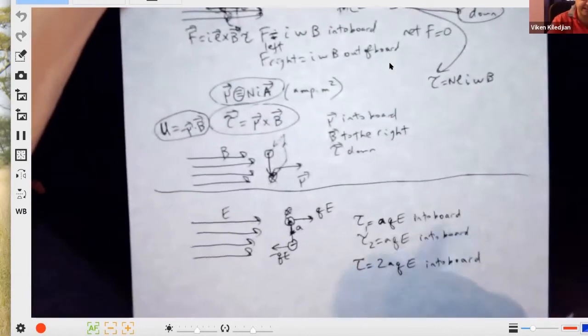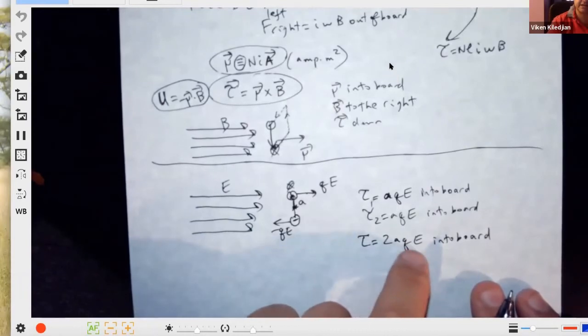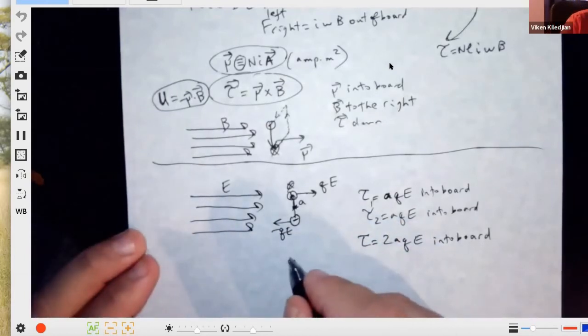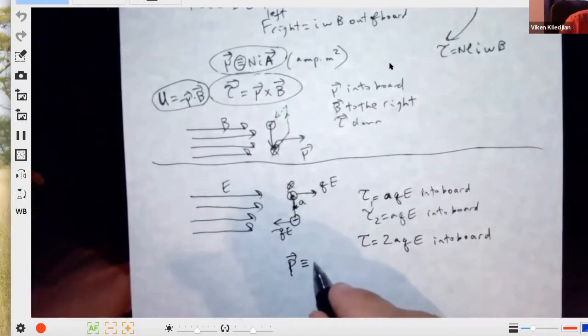Then you're defining something that comprises all these together. You're calling this the electric dipole moment, P, defined as 2AQ.